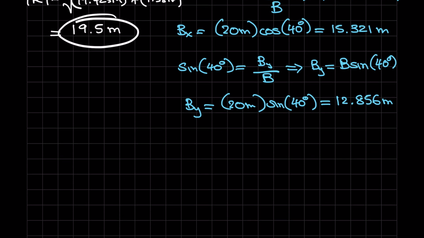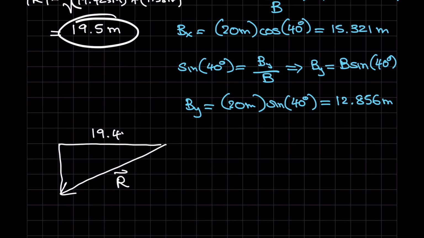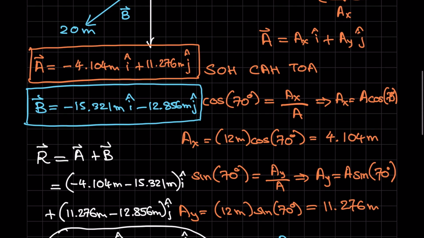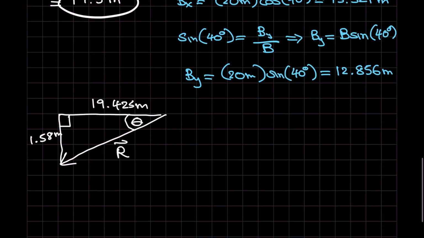So let's redraw our diagram of R. Here's R. The components are 19.425 meters and 1.58 meters. Again, it's a right triangle, and there's an angle here that we can solve for. How do we do that? Again, using our friendly SOHCAHTOA, a mnemonic for remembering our trig functions.